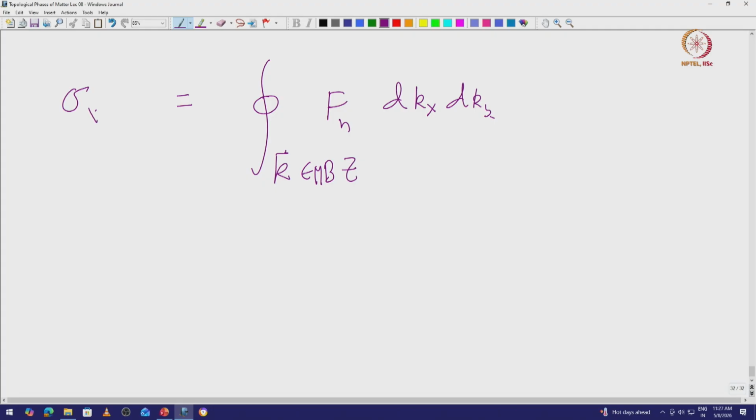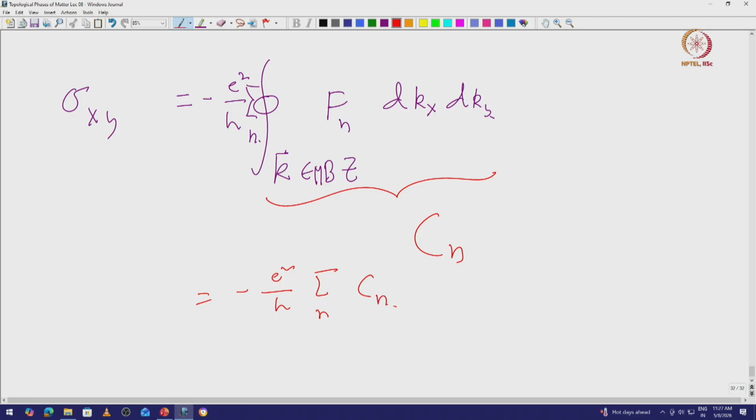So, this is our, now if I call this Cn, so I will have, so this is a quantity that we will identify to be the Chern number, which is just the Berry curvature summation or integration over the entire volume or the Brillouin zone area.